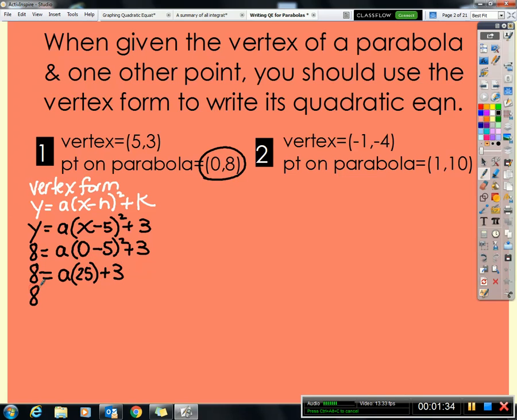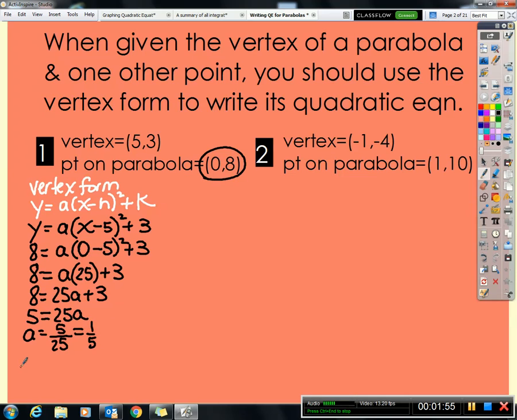So that's just 25a plus 3. Now, how do you solve that for a? Subtract 3 from both sides, so 8 minus 3 is 5. Divide both sides by 25, so a is 5 over 25, which is equal to 1/5.